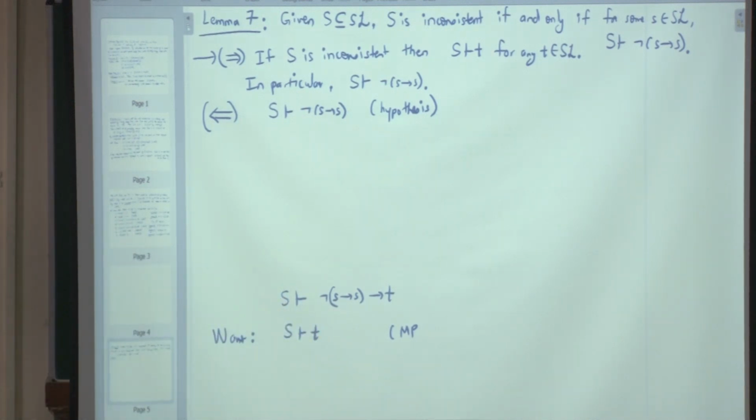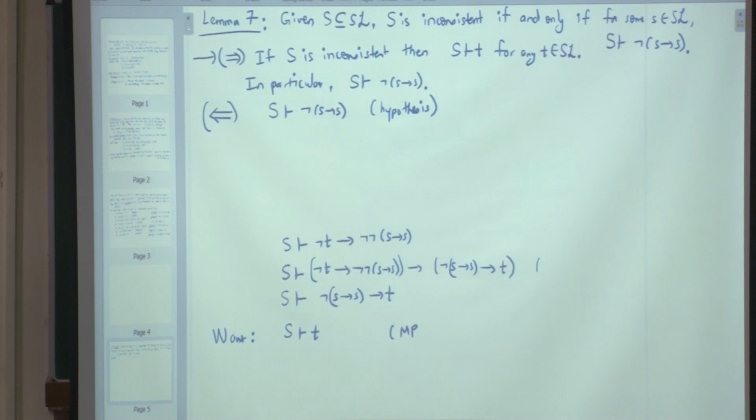At some point, if we just have the contrapositive, which is negation T implies double negation of S implies S, then by using negation T implies double negation S implies S implies negation S implies S proves T, implies T.